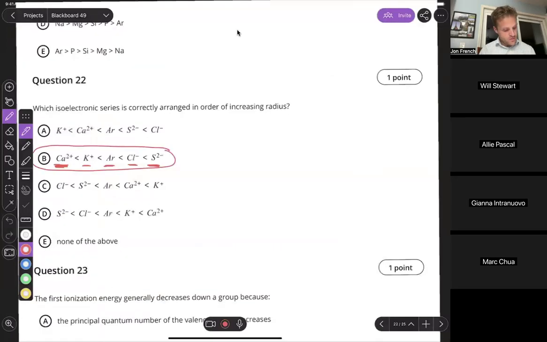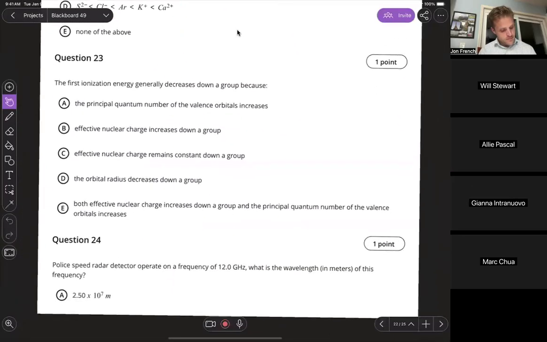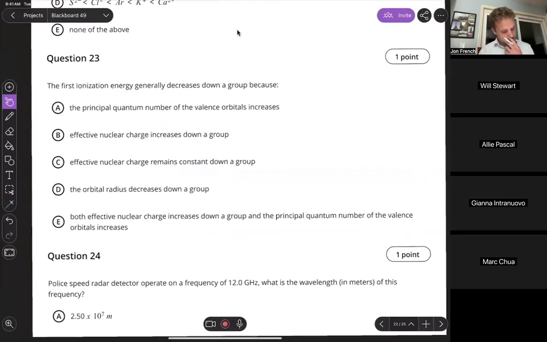All right, question 24. A police radar detector operates on a frequency of 12 gigahertz. What is the wavelength in meters of this frequency? So we want to convert gigahertz to hertz, and then we can convert the frequency into the wavelength.